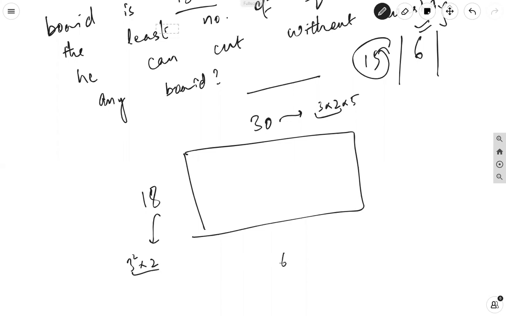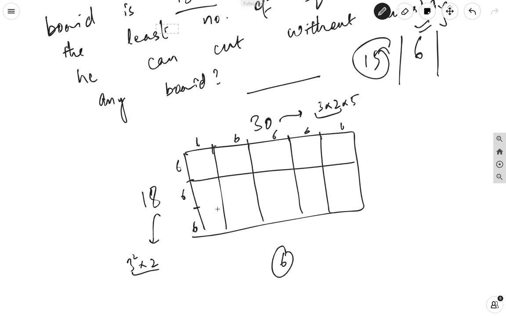For 18, we have 6, 6, 6, and for 30, we have 6, 12, 18, 24, 30, that is 6, 6, 6, 6 and 6. If you combine these, 3 into 5, we get 15 identical square pieces without any waste.